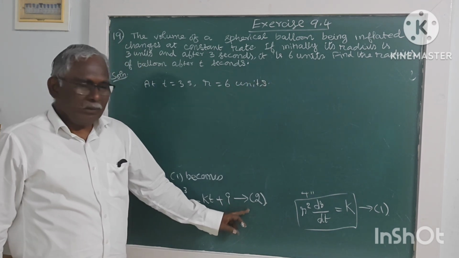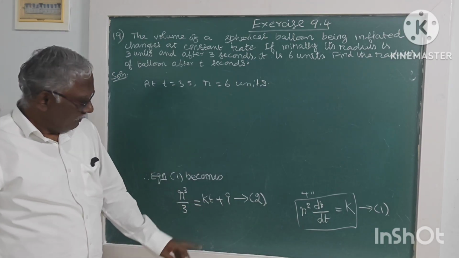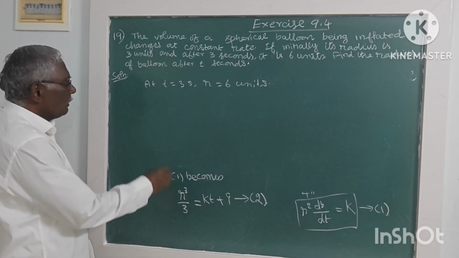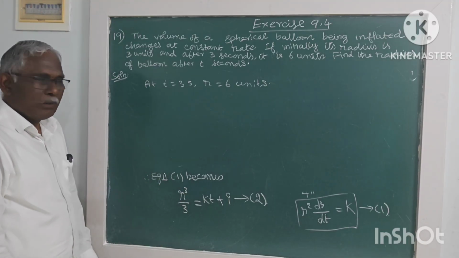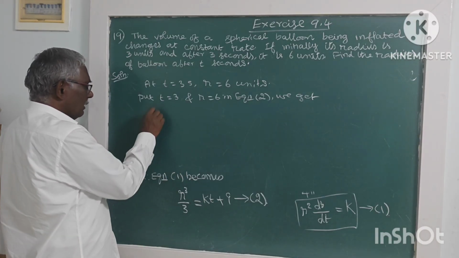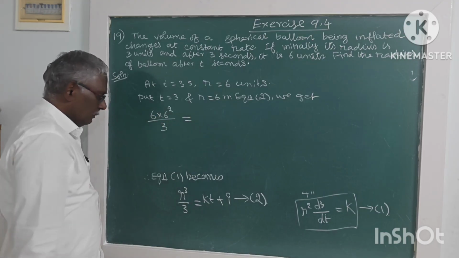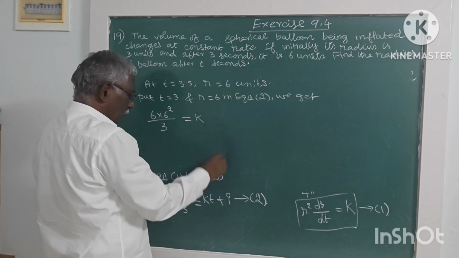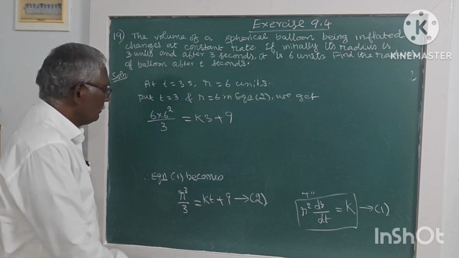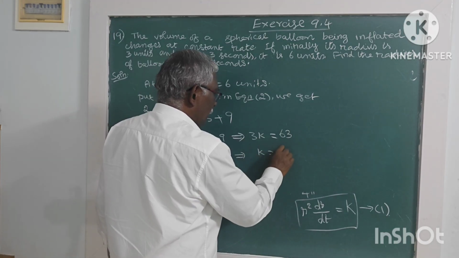So in this equation, put t is equal to 3 and r is equal to 6, and we will get the value of capital K. Substitute t is 3, r is 6 in equation 2: 6 cube by 3 is equal to K into 3 plus 9. K value is 21.